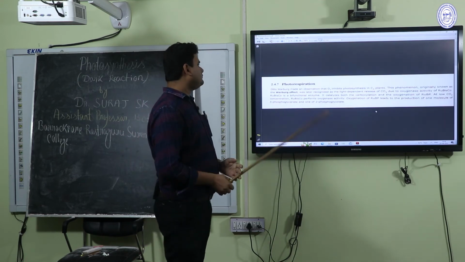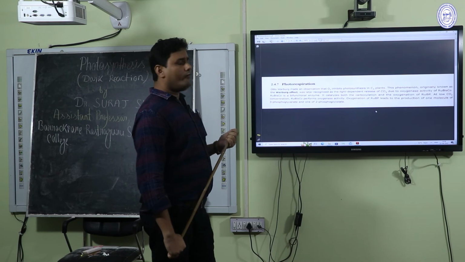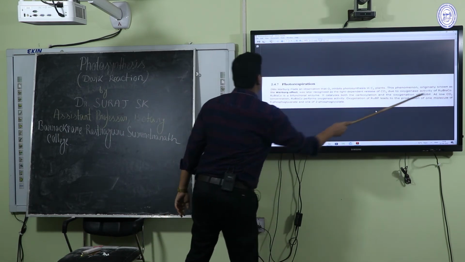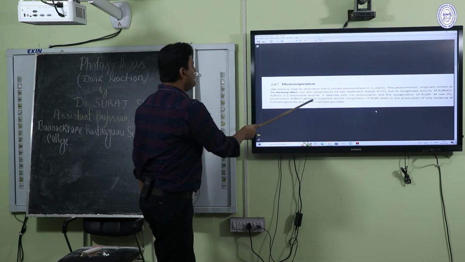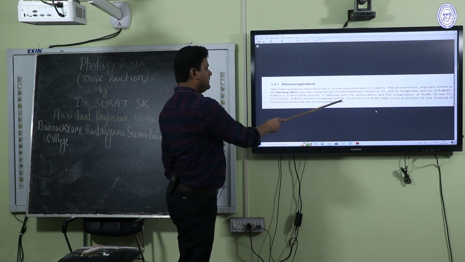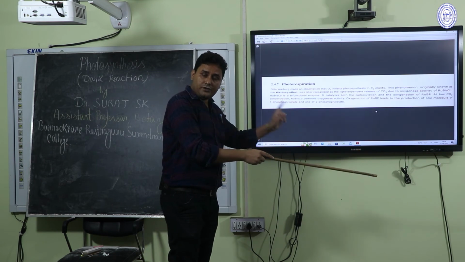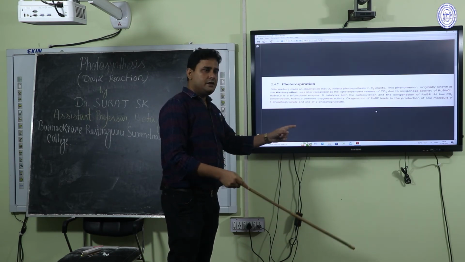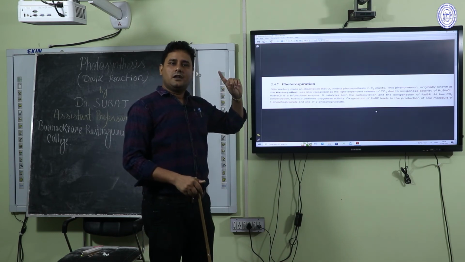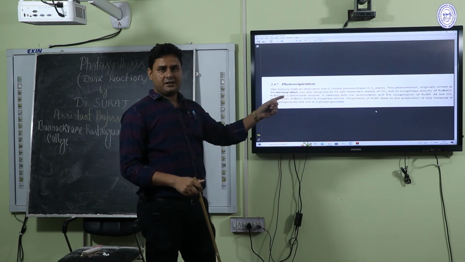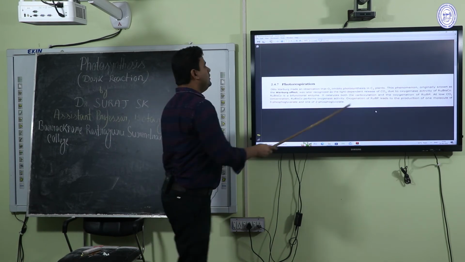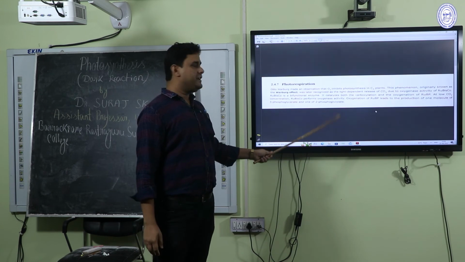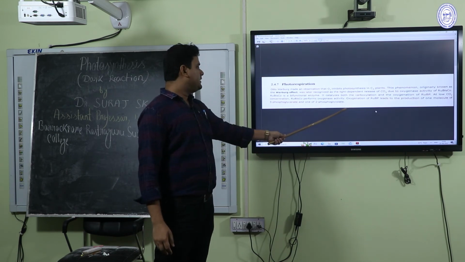Actually, at low CO2 concentration, Rubisco performs oxygenase activity, but when it is high, it will act with carboxylase activity.